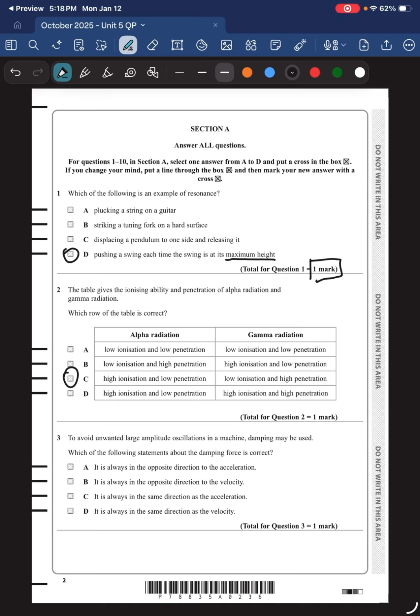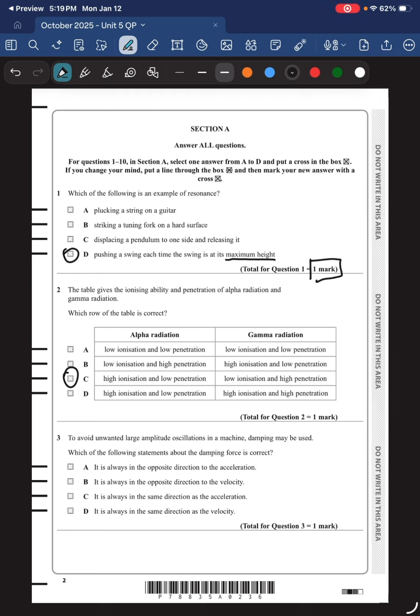Question 3, to avoid unwanted large amplitude oscillations in a machine, damping may be used. Which of the following statements about the damping force is correct? So let me see. It is always in the opposite direction to the acceleration. No, I mean, the definition has nothing to do with acceleration.